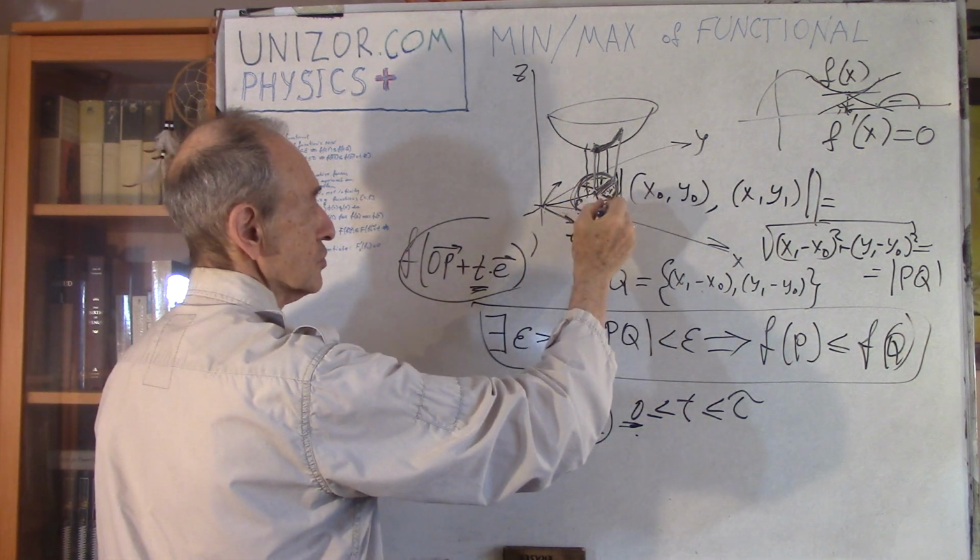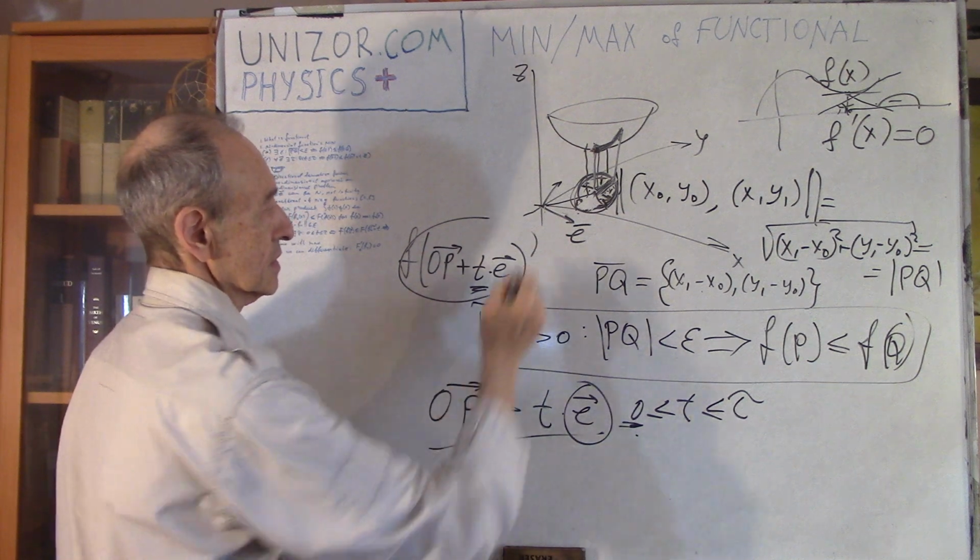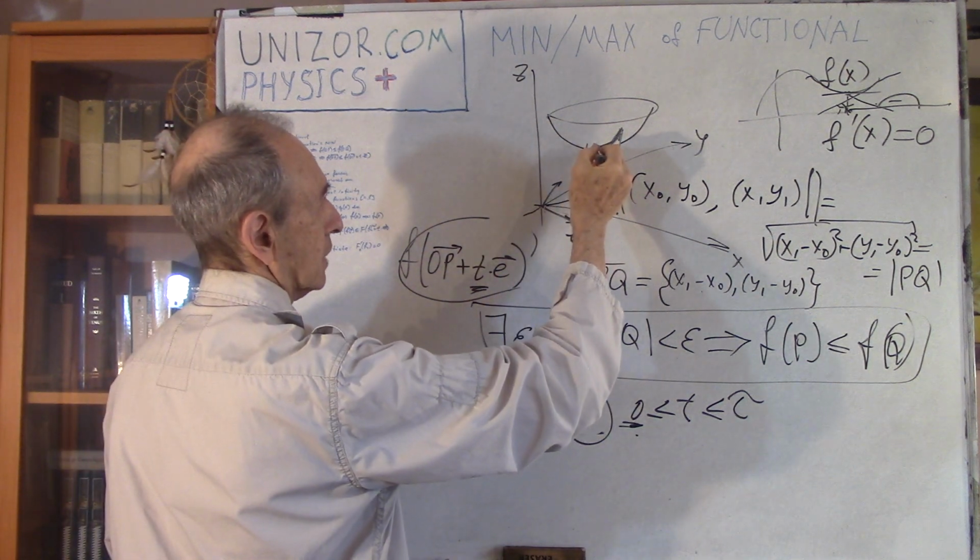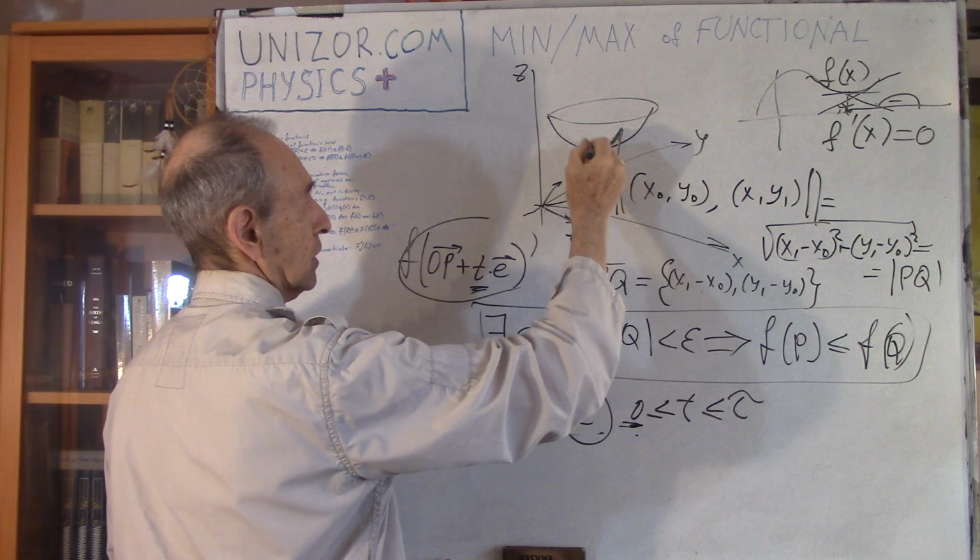If you change this unit vector, you will have a different direction. You will have something like this.